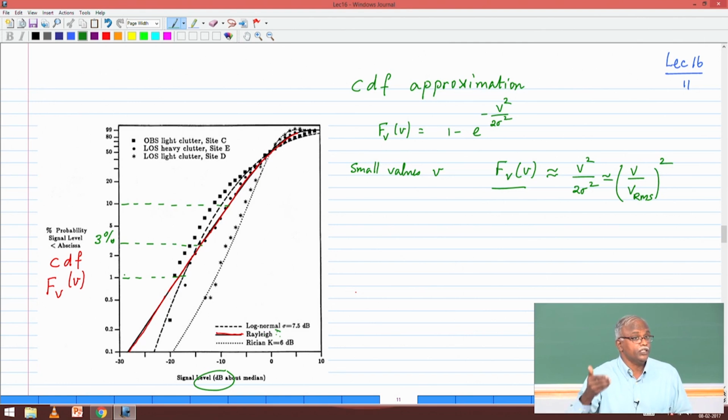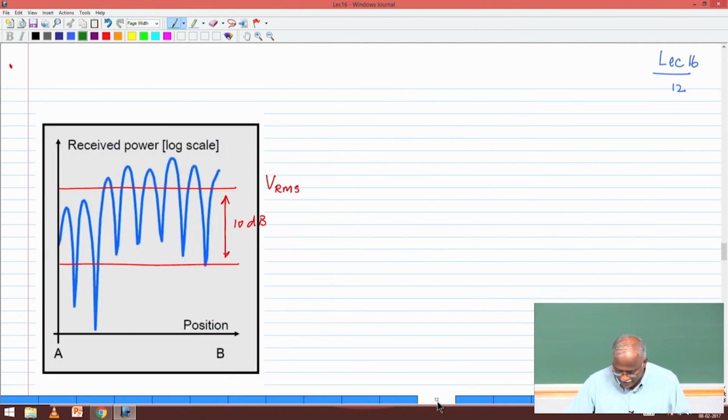Now the question is, should I allocate margin for this fast fading or small scale effects of fading or not? What are the implications if I do not and if I do? So basically it is building on an understanding that we have already developed, but we want to take it to the next level. Okay, so let us look at an example which should give us some insight.